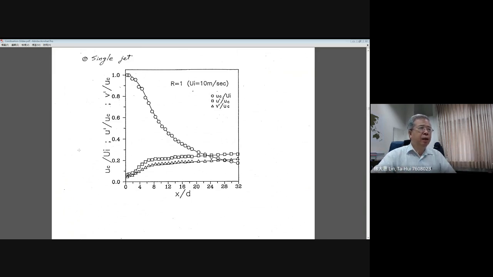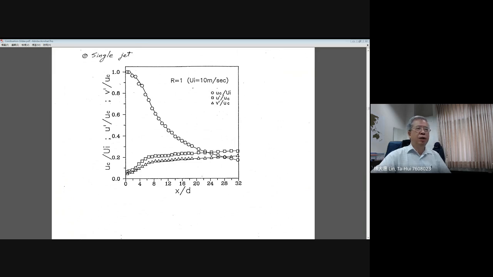And here you can see we also have the velocity fluctuation: axial velocity fluctuation u prime, radial velocity fluctuation v prime. You will find that in the near field of the burner they are small, but later on they will grow to a near constant value. This is a typical velocity variation for a single jet.